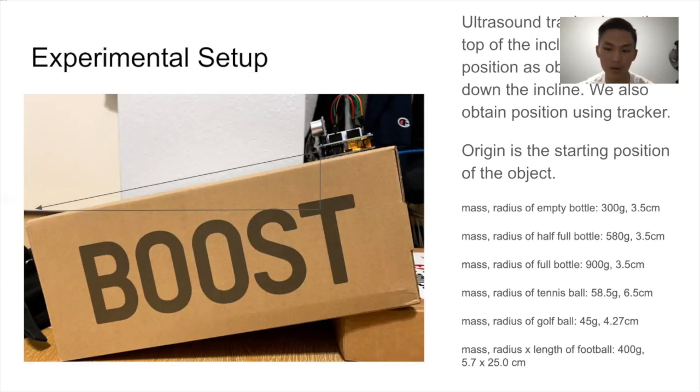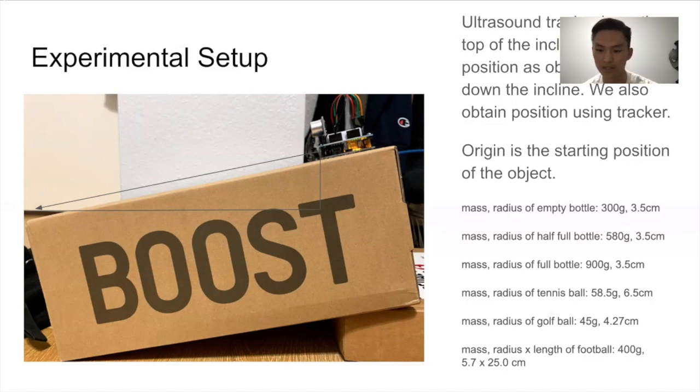At the bottom right of this slide, we have the mass and radius of our various objects. The mass and radius of the empty bottle is 300 grams, 3.5 centimeters. The half full bottle is 580 grams, 3.5 centimeters. The full bottle is 900 grams, 3.5 centimeters.